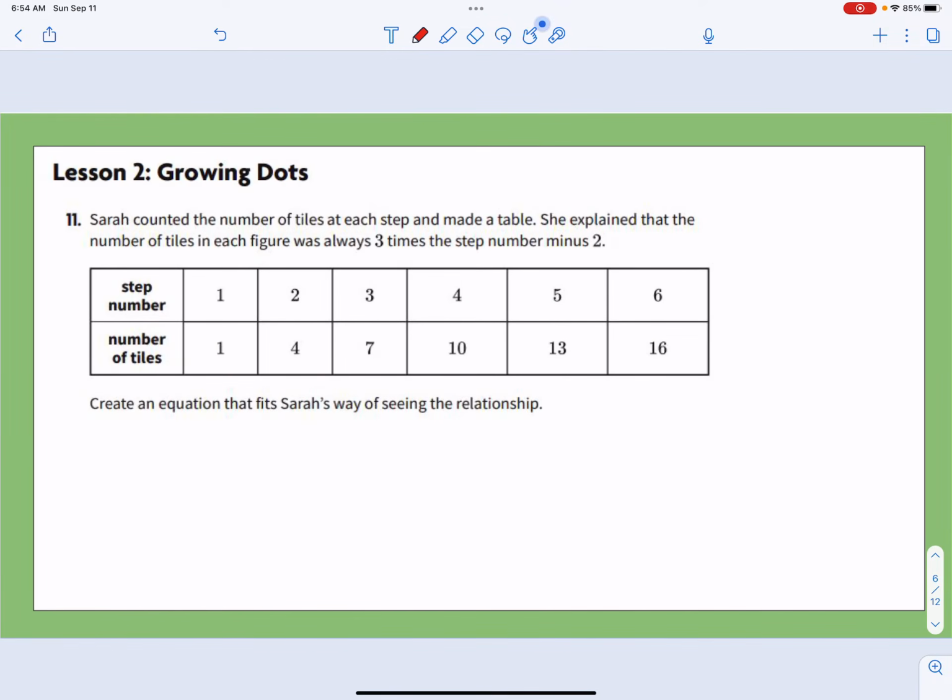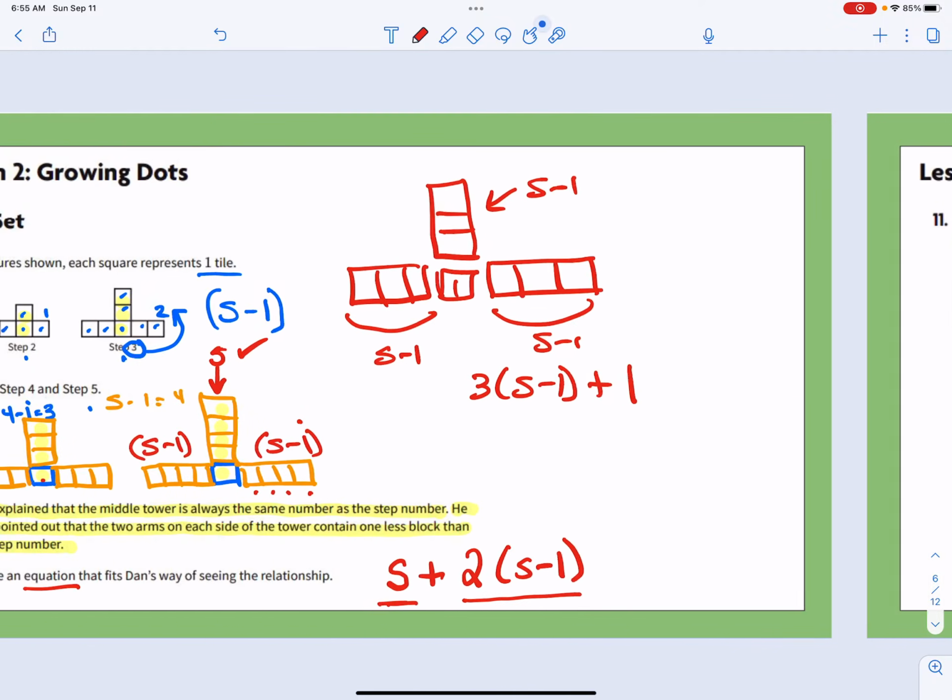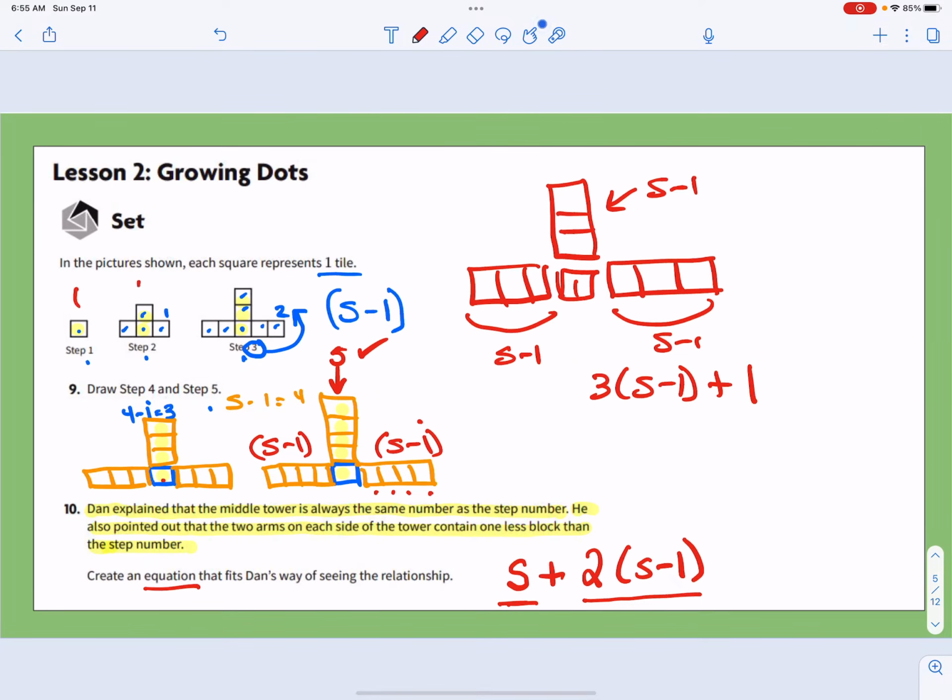Let's see what's next. It says, Sarah counted the number of tiles at each step and made a table from what we just did. She explained that the number of tiles in each figure was always 3 times the step number minus 2. So she took these ones here, went, oh, there's 1 there, there's 4 there, 7 there, 10 there, and 13 there.